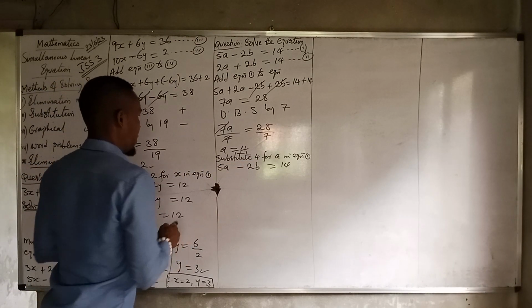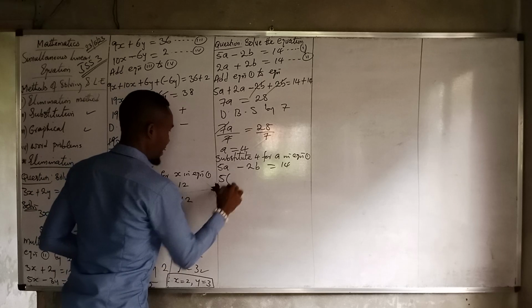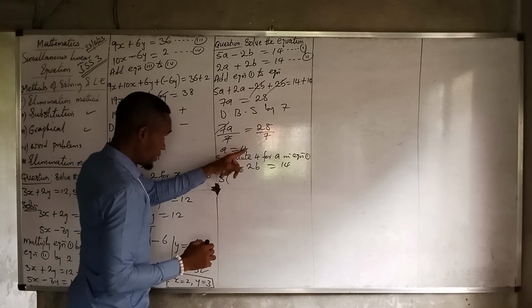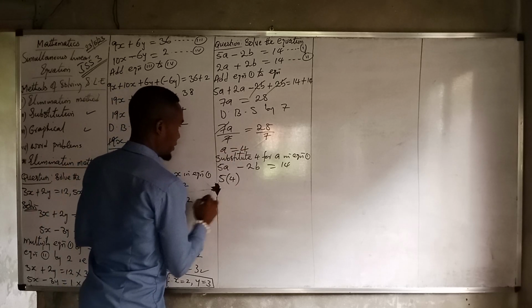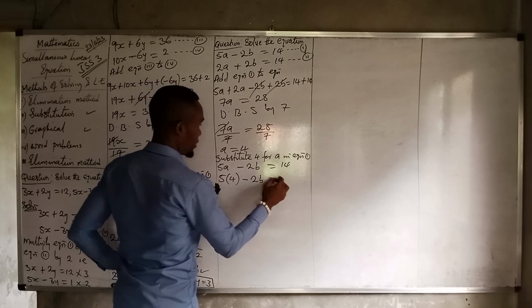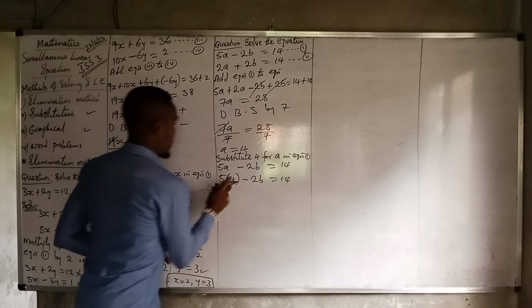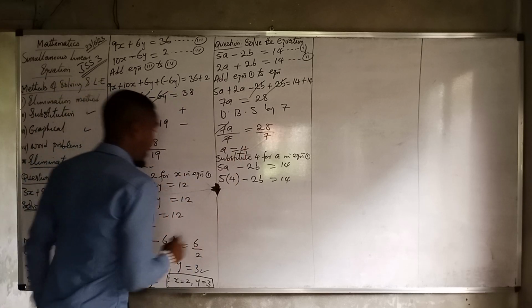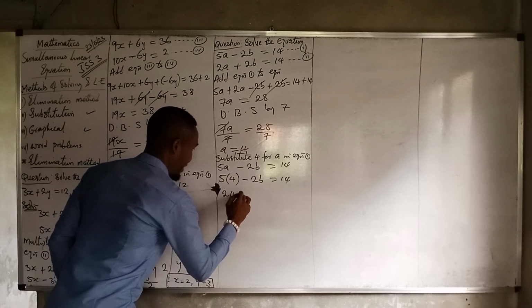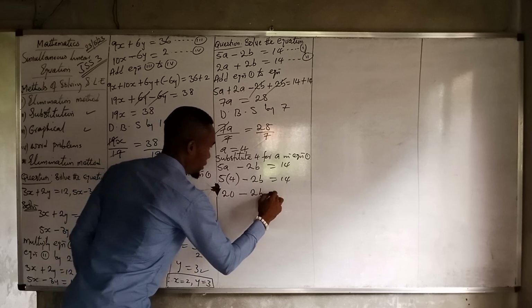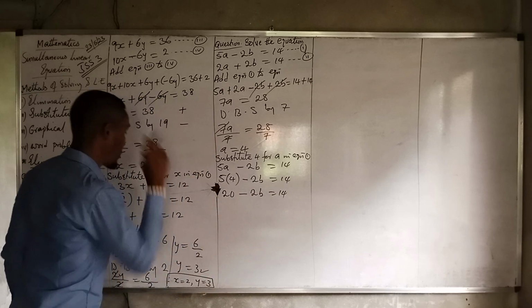So I have 5 in brackets, and instead of a, the value of a is 4. Put 4. Minus 2b equals 14. So 5 times 4 is 20. Minus 2b equals 14.